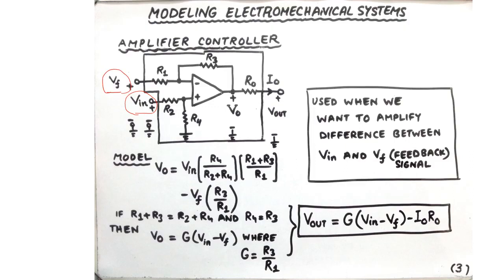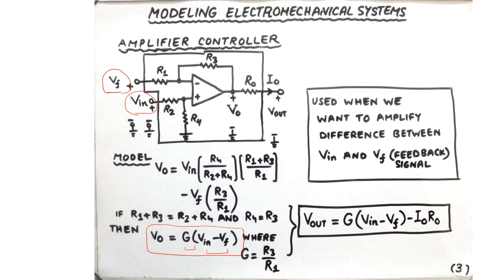And the final expression that we are going to develop is eventually going to amplify the difference of V in and Vf in the form of V in minus Vf times the gain. The expression for the gain in this case will be slightly complex, as we shall see in our discussion.